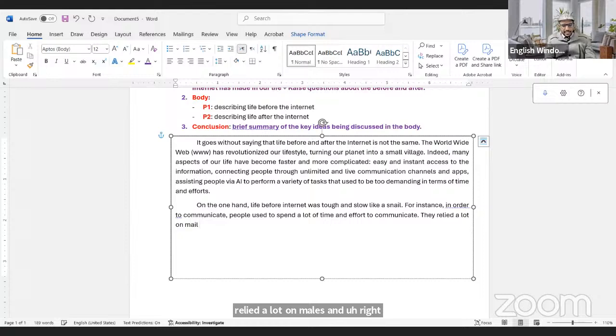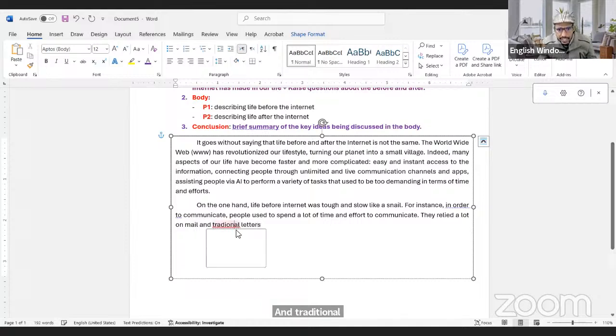They relied on mails and paper. Mails and traditional, let's say here, letters.